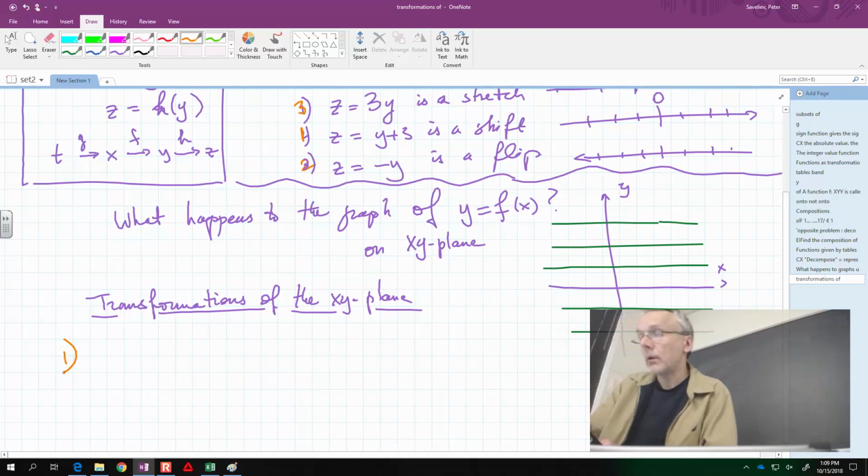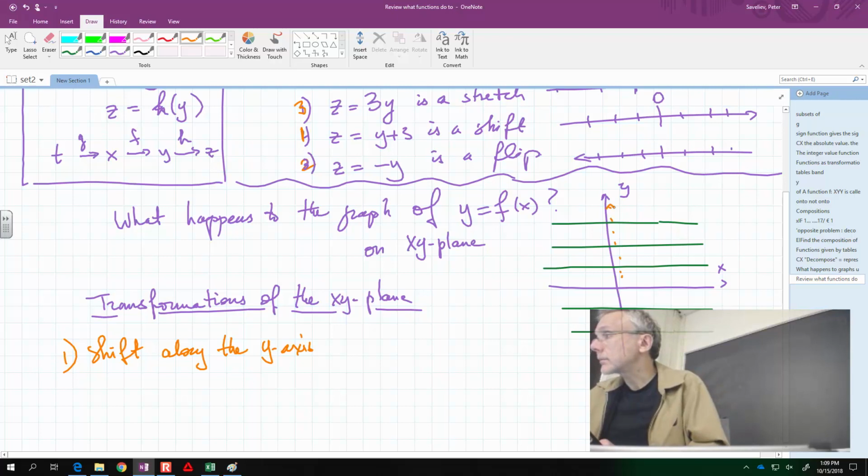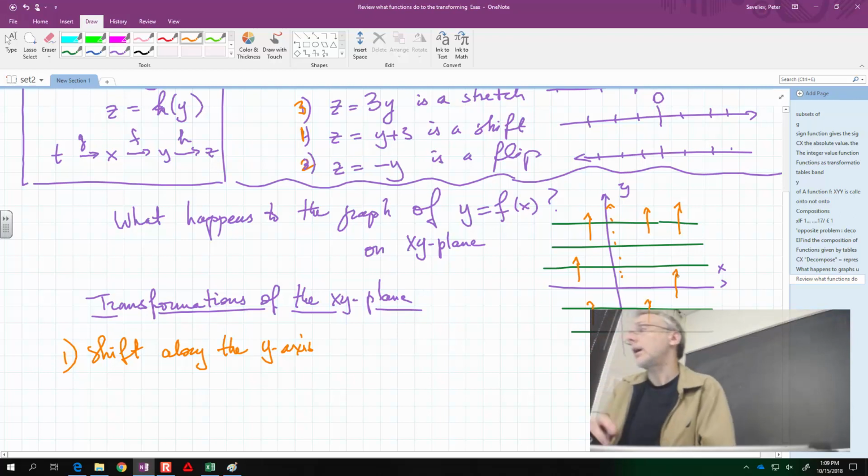So number one, we start with a shift along the y-axis. Let's start with that. In other words, we are going to be shifting everything in the positive direction along the y-axis.